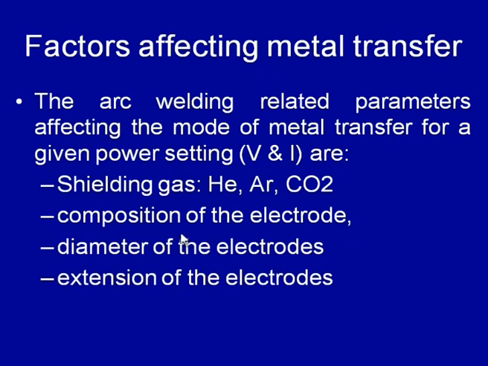So, like the composition, the electrode diameter and electrode extension both affect the resistance to the flow of current through the electrode extension portion, and therefore, it affects the heat generation, and heat generation in turn affects the rate at which it will be transferred from the tip of the electrode to the weld pool.